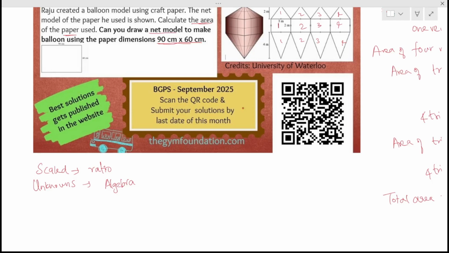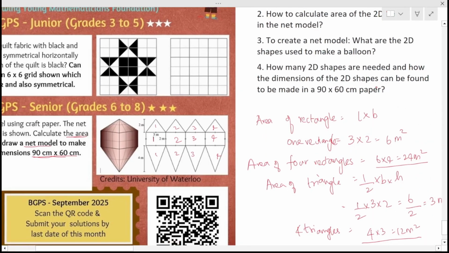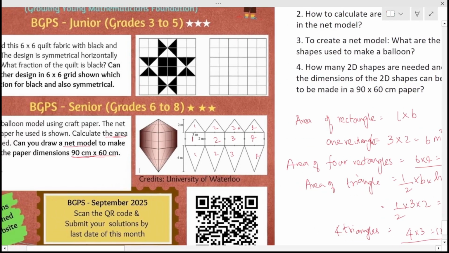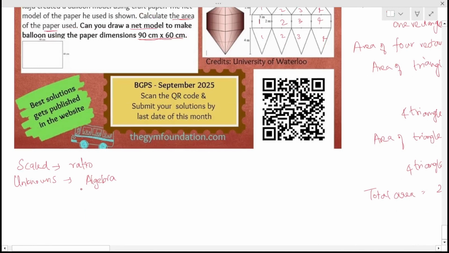The starting is the real thing that children find a bit tough. So how many 2D shapes are needed, and how can the dimensions of the 2D shapes be found so they can be made in a 90 cross 60 centimeter paper? Basically, in algebraic thinking, what does algebraic thinking mean?